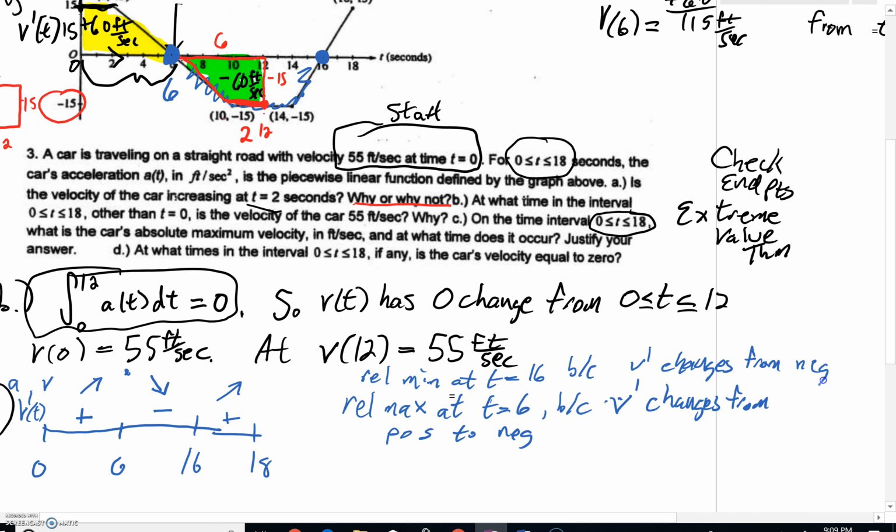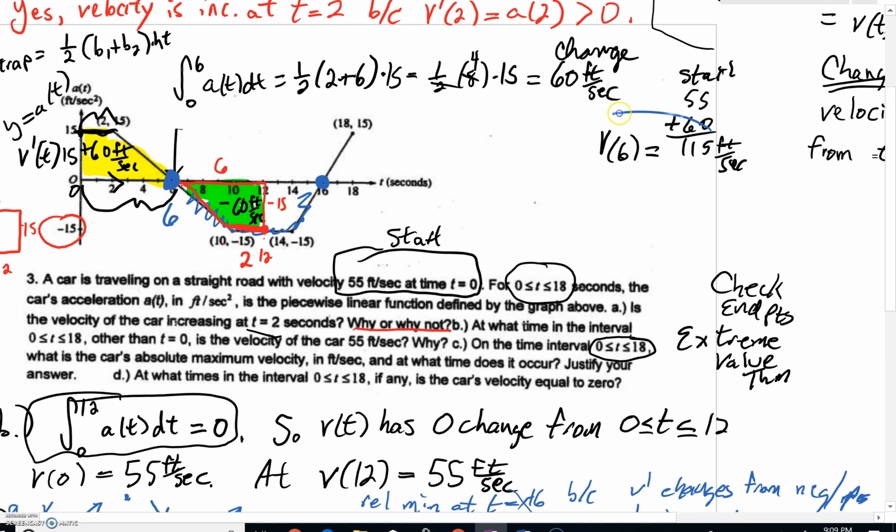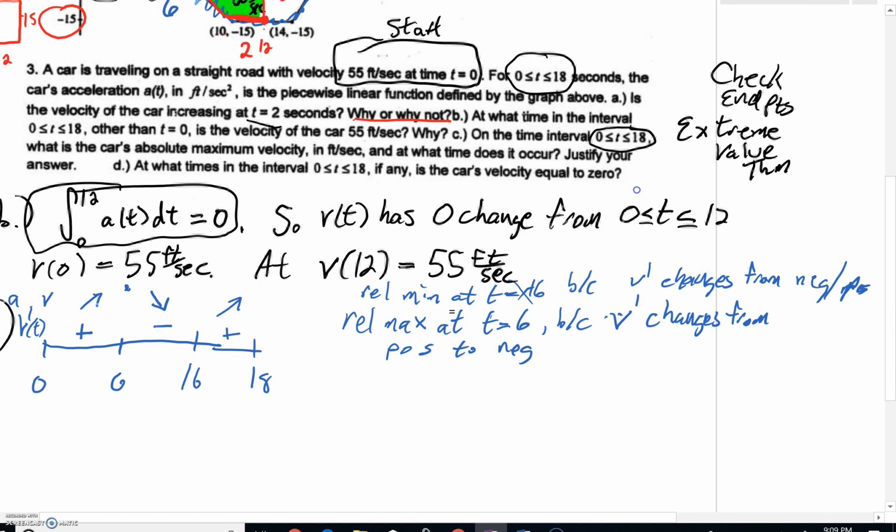Well, we're looking for the absolute maximum, so we know that we don't even have to check 16 per se. I mean, we can certainly still do that, but we know that that's going to actually be a minimum. By the way, we already know what v of 6 is. V of 6, we saw from previous work, was 115 feet per second.